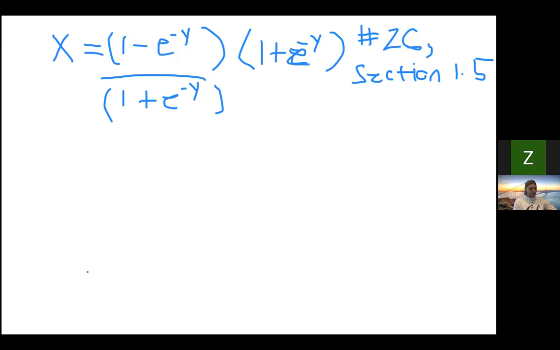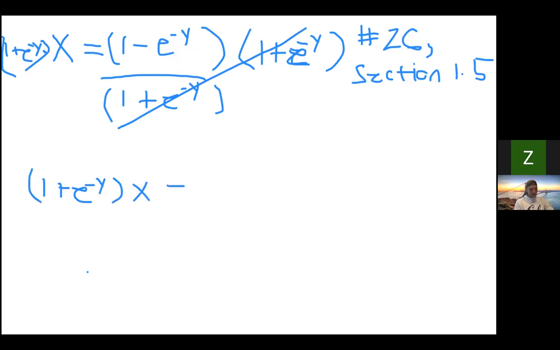So this is times on top here, 1 plus e to the negative y, and I'll put parentheses around it. Now, what can we do? We can cancel these out just like that. Let's rewrite our expression. We have 1 plus e to the negative y, all times x, is equal to 1 minus e to the negative y. And I'll write it like that.